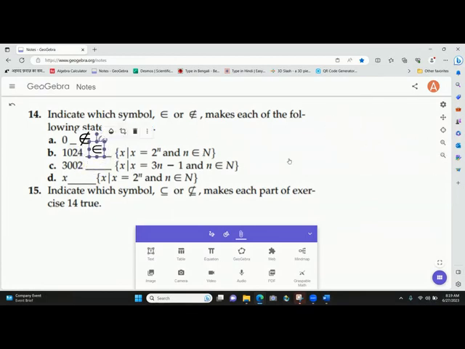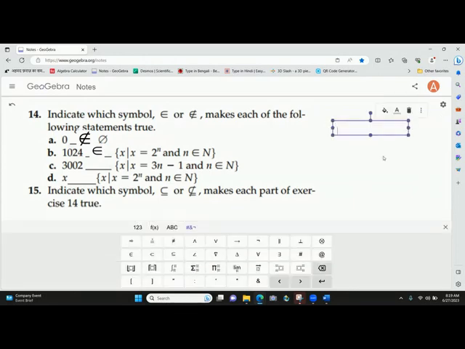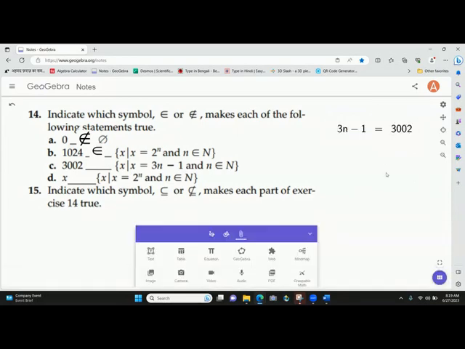Okay, guys? All right. What about the next one? 3002. Now, if n is a natural number, one way to do it is a little bit of algebra, okay? I'm going to say 3n minus 1 must equal 3002. I'll solve for n. If n is a natural number, I'm okay. If n is not, then it won't be.